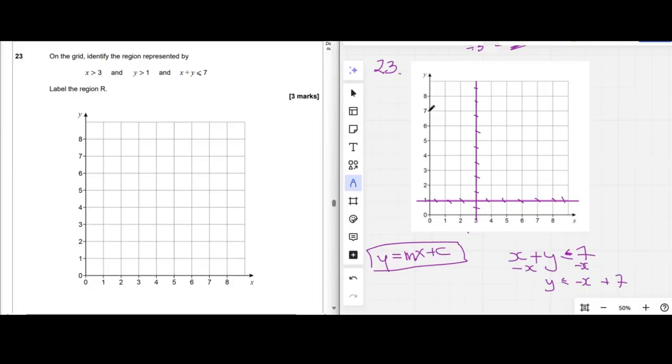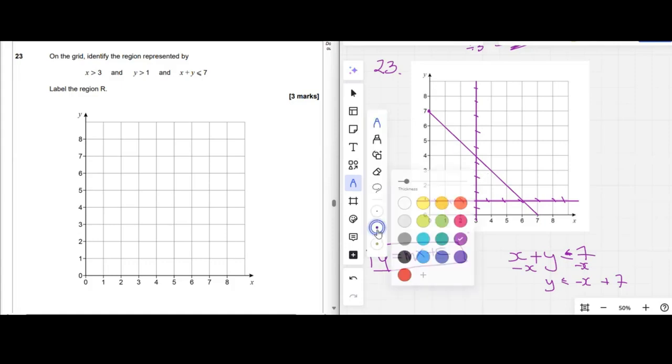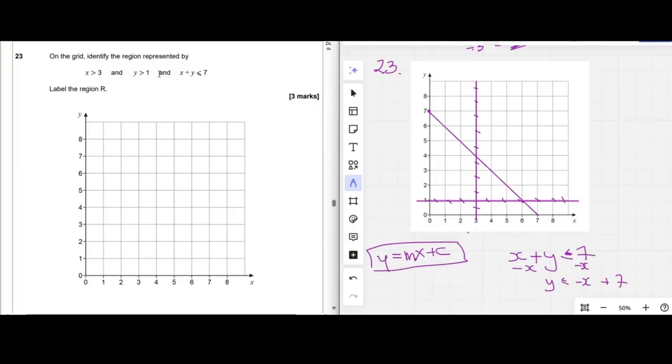So let's find that 7 first, as this is the point of intersection. And negative x is just a straight line going with the grid descending, right? Negative gradient. And that is less or equal. So that line can be solid, not dotted. And again, now let's put everything together. More than 3 is there. This is more than 3. Yes.